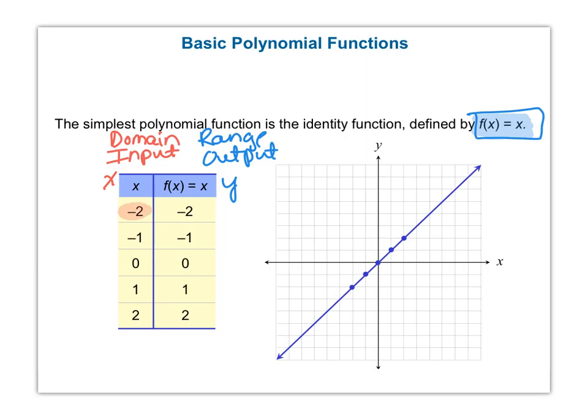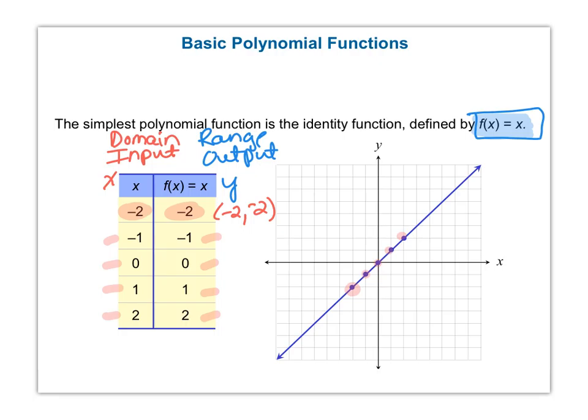So when you plug -2 into this function, what you get out with the identity function is identically the same thing as what you plugged into the function. And that ordered pair of -2, -2 can be found on the graph at this point right here. And each of these x values that you plug into the function correspond to a y value that you get out of the function, and then those coordinates, those xy pairs, are represented as points on the identity function graph.